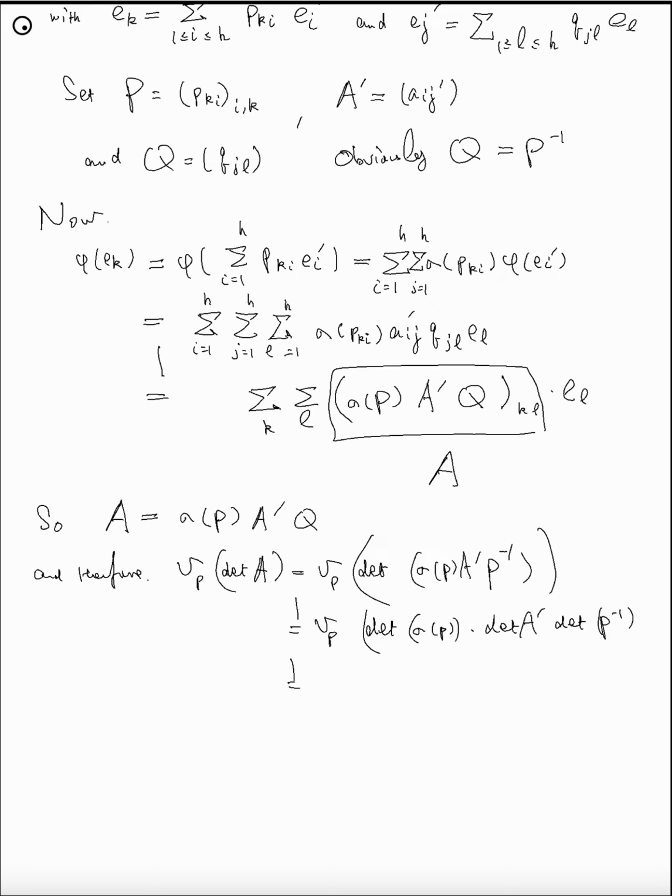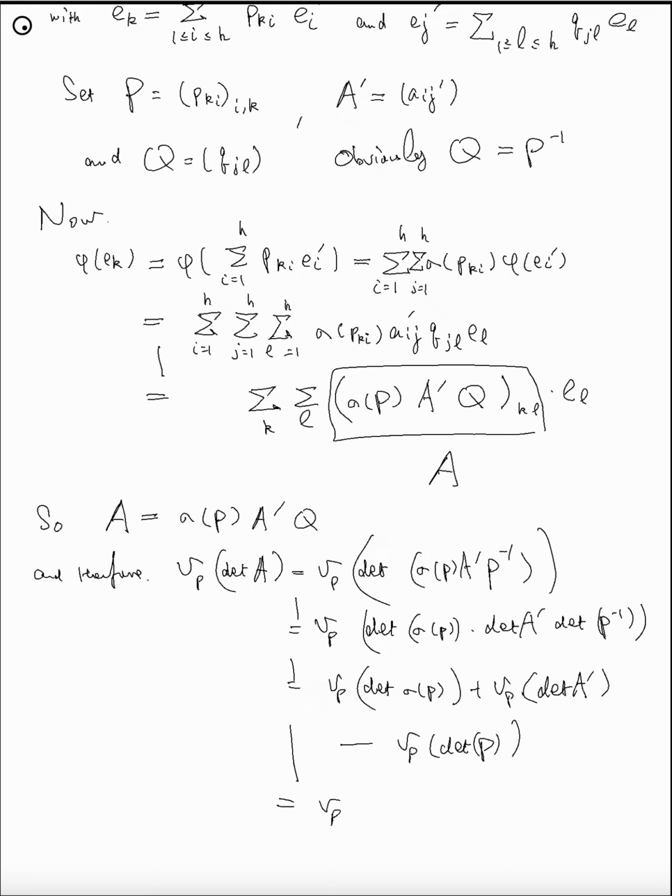So this is just finally Vp of determinant of sigma P plus Vp of determinant of A prime, minus Vp of determinant of P. This gives us a way to compare the p-adic valuation of determinant of A with determinant of A prime.